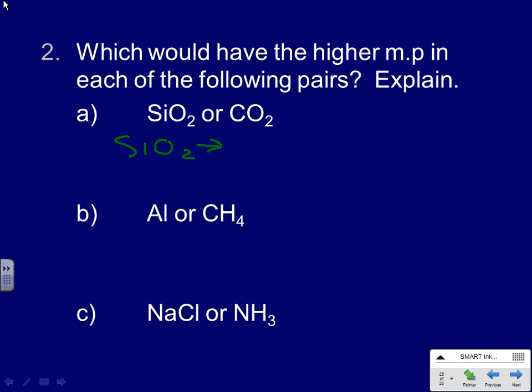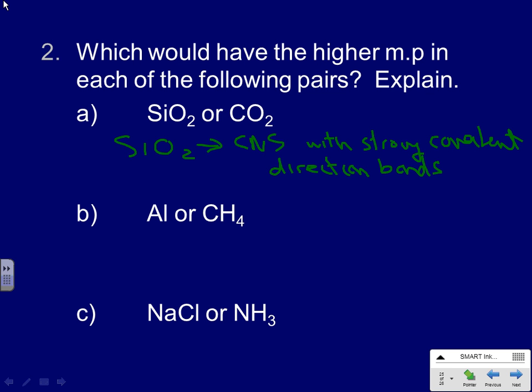Yeah, it's a covalent network solid, and if we just want the higher melting point, just tell me it's a covalent network solid with strong, directional covalent bonds holding the crystal together, right? CO2 is a small molecule molecular crystal with London forces holding them together.